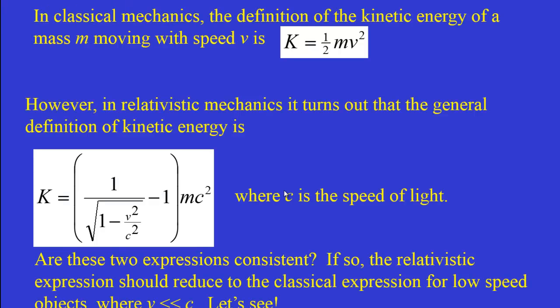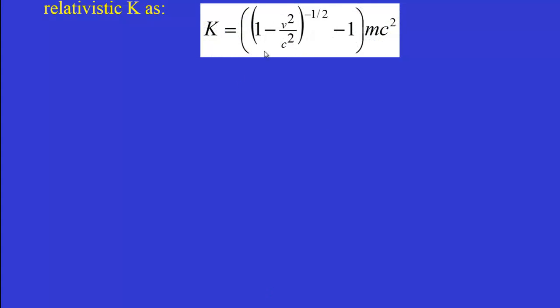So let's see. To use the binomial approximation formula, I'm going to rewrite the expression for this relativistic kinetic energy by writing the square root in the denominator as a quantity to the power of 1/2. Well, it's actually 1 over the square root, right? So that means that we can replace the 1 over square root by 1 minus v squared over c squared raised to the negative 1/2 power.